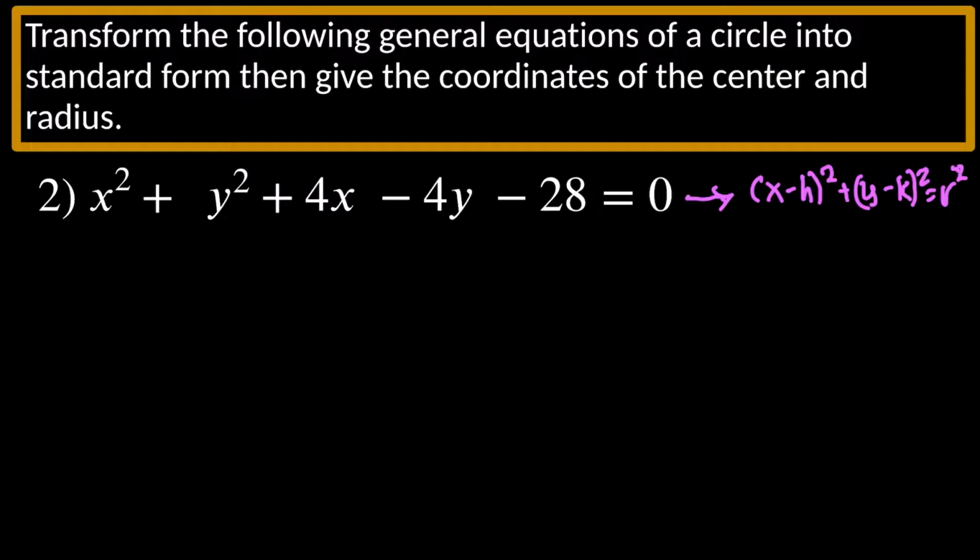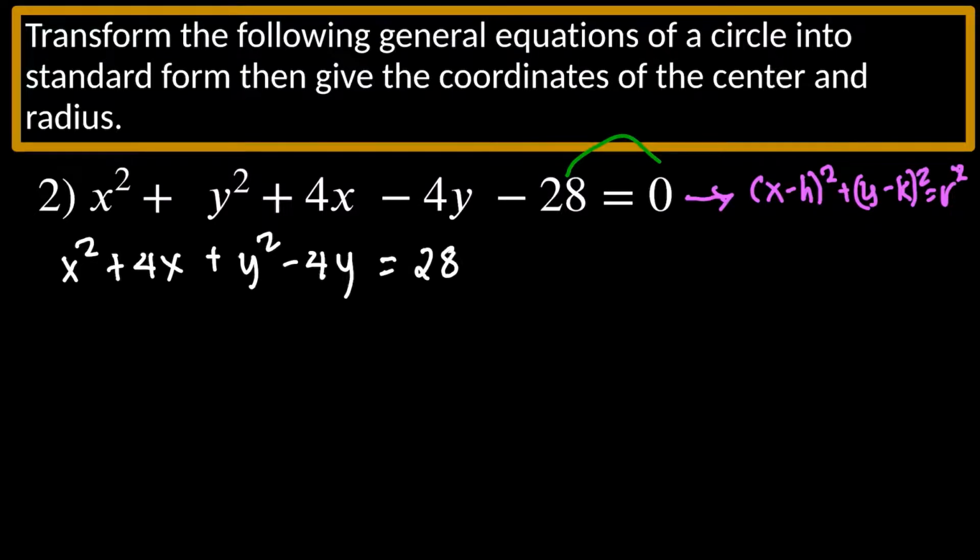Now let's have it here: x² + 4x, plus y² - 4y. Then we transpose this, so that will give us positive 28.